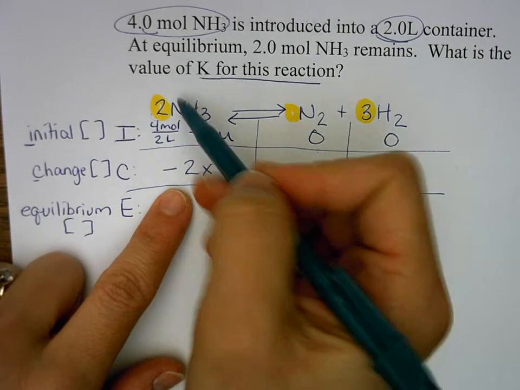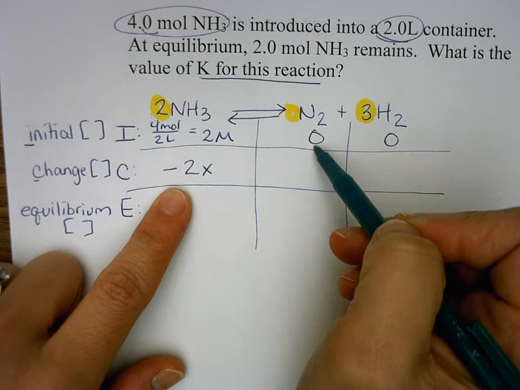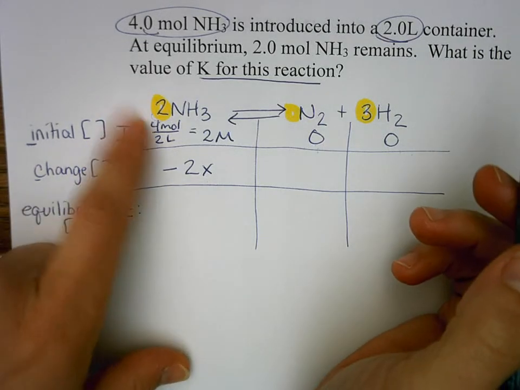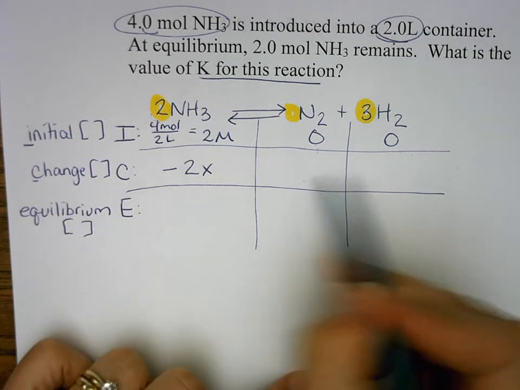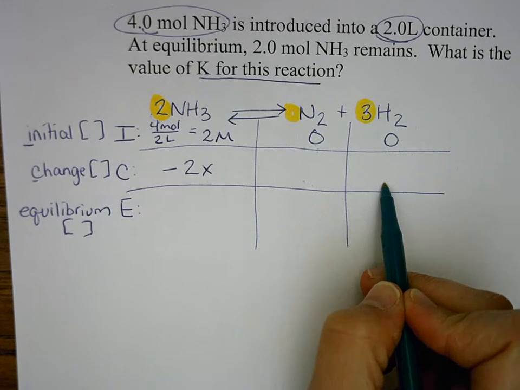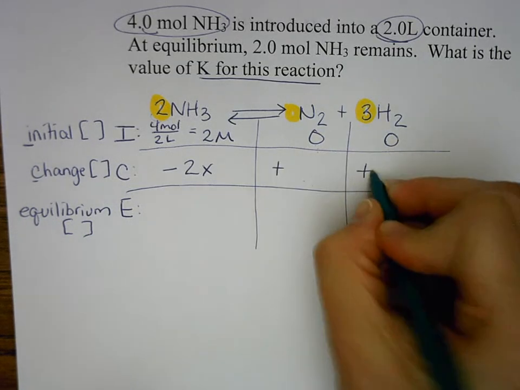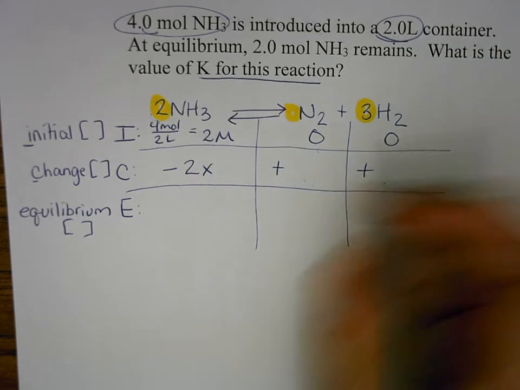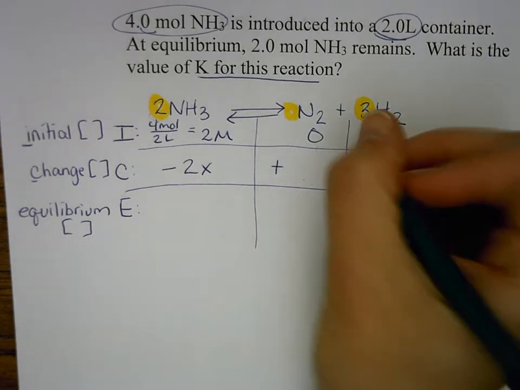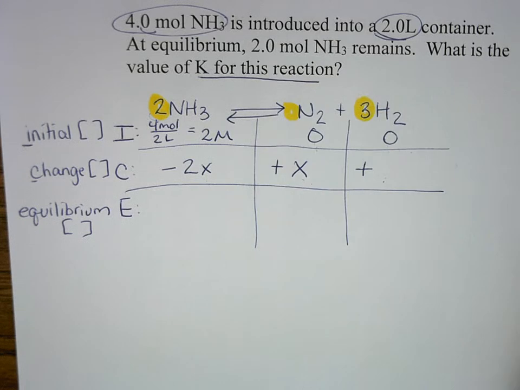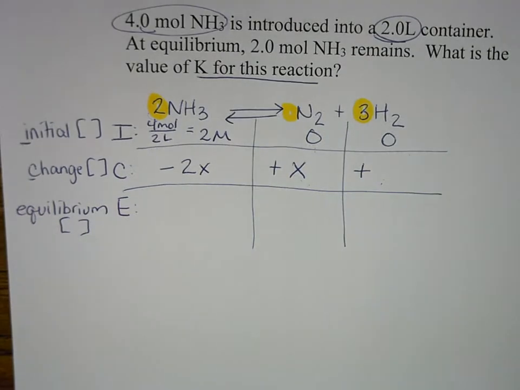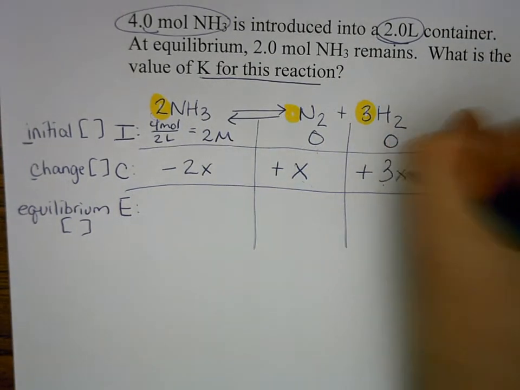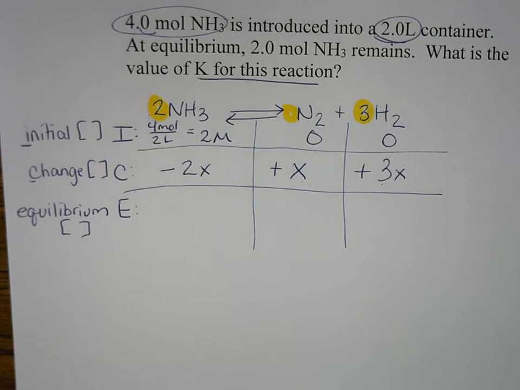Negative because it's disappearing, and 2 because of that coefficient. Over on the right side, these are both going to be increasing in concentration. So N2 will be plus x, and H2 will be plus how many x? 3x. So that's my change row.